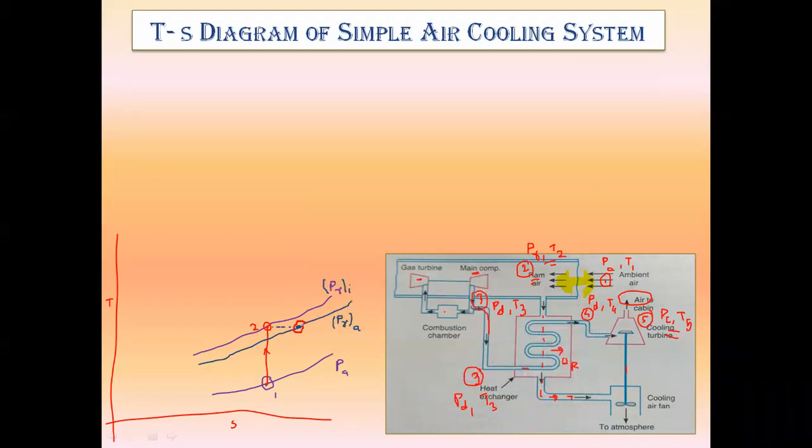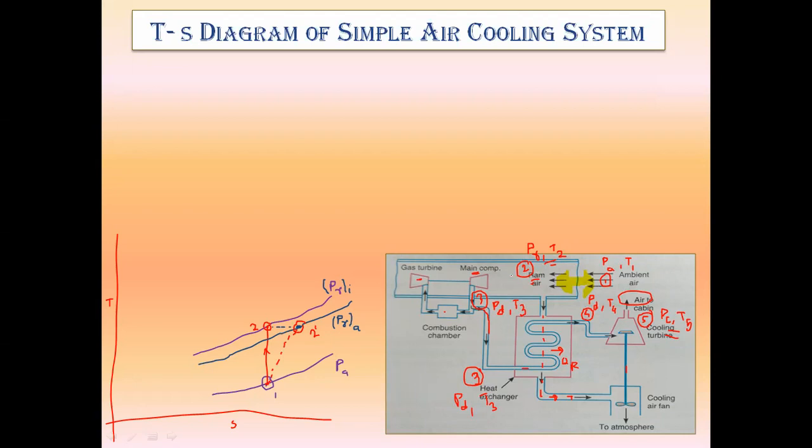The 1 to 2 dash line will indicate the actual ramming process in the aeroplane, and that will be the polytropic ramming process. That will not be isentropic. Here 1 to 2 indicates the ideal ramming process, and 1 to 2 dash indicates the actual ramming process.